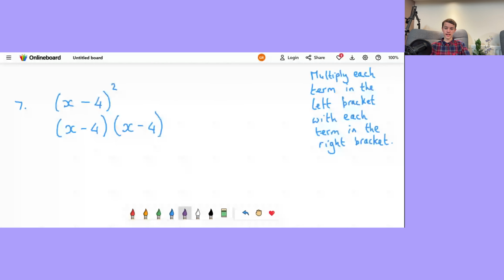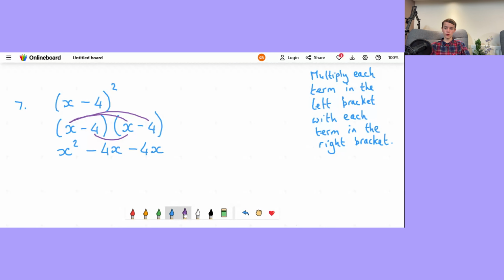So you have to times the x by the x squared. Then the x times the minus 4, minus 4x. Then you have to times the minus 4 by the x to make another minus 4x.